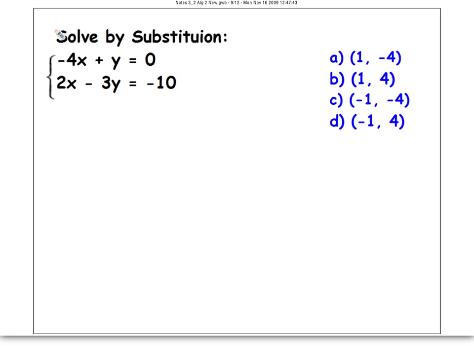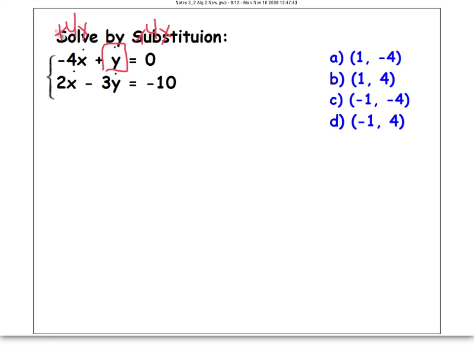Another example. Now again, just stop and look. Which variable do you want to get by itself? This x, that y, this x, or that y? The easiest one is going to be to isolate this single y because it's already cleared out. All you have to do to isolate that y is to move the negative 4x over, so add 4x to both sides.